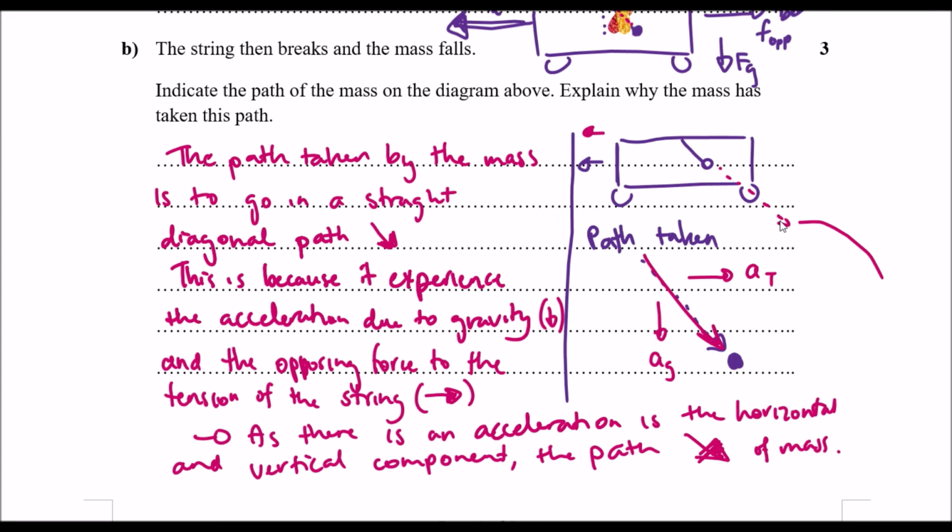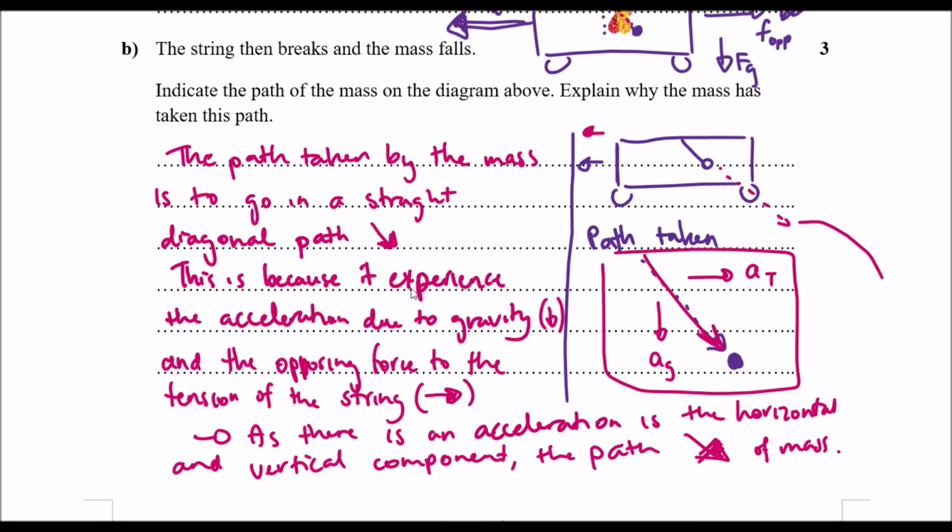So you could also talk about the inertia of the mass. But the reason the inertia is going in that particular direction is because of the acceleration it was experiencing from gravity and the acceleration opposing the motion of the moving train.